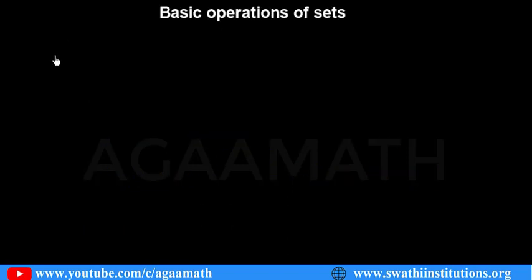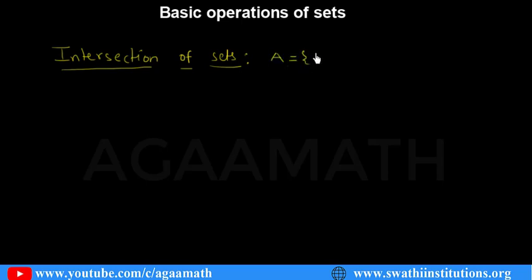Now we'll see the intersection of sets. What is the intersection of sets? Let me take A equals 1, 2, 3 and B equals 2, 3, 5.